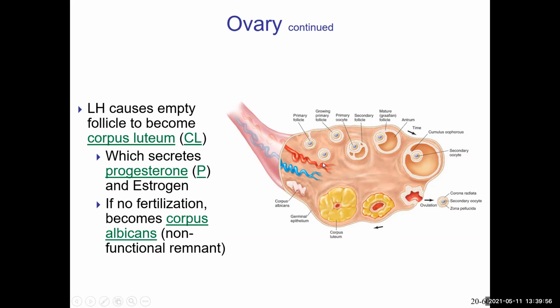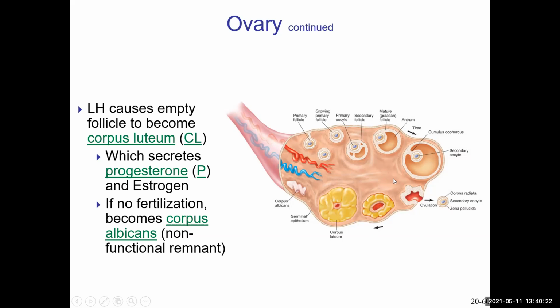The outside of the ovary is called the cortex, and the inside is called the medulla. The medulla of the ovary does not contain any oogonia.